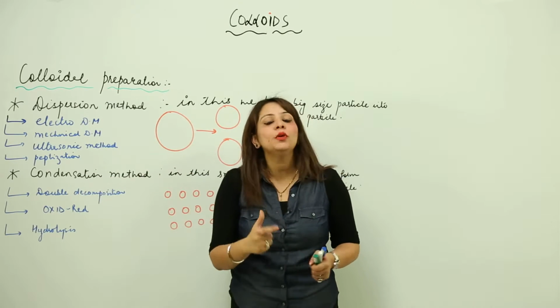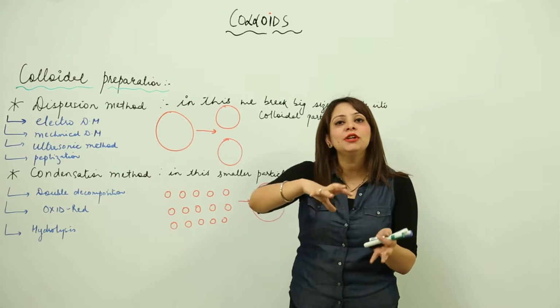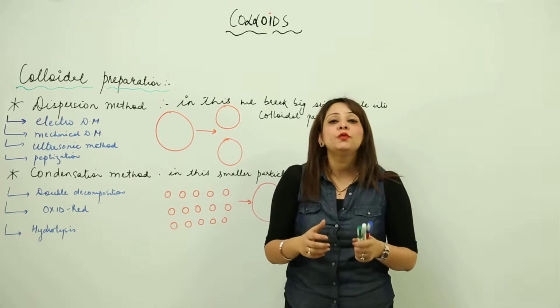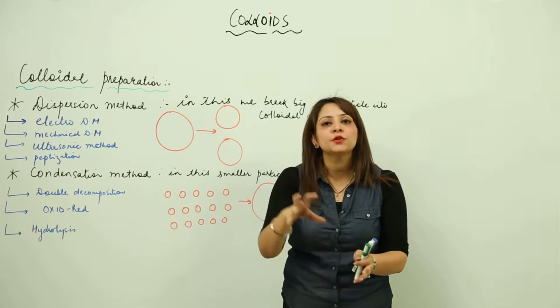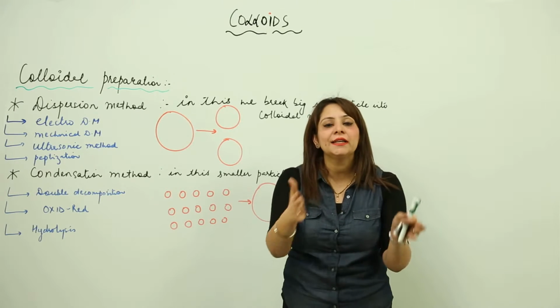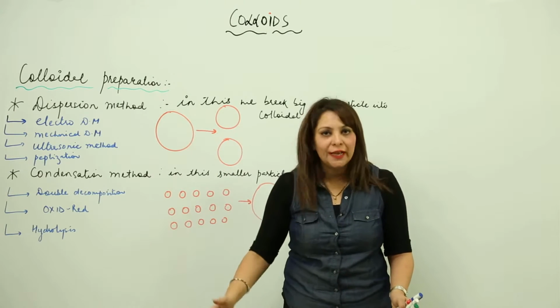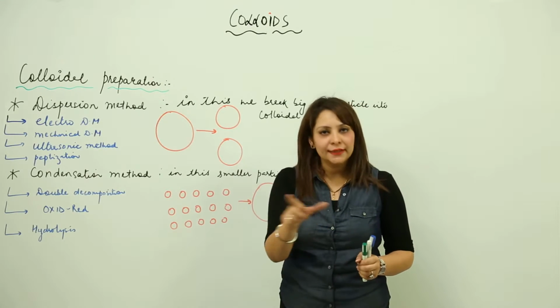So what do we do in the dispersion method? Here we have a particle whose size is actually more than 1000 nanometer. In that case, we will break that particle into smaller particles, and those smaller particles will lie in the given range, that is, 1 nanometer to 1000 nanometer. As you all know, the diameter of colloidal particles lies within this range, right?